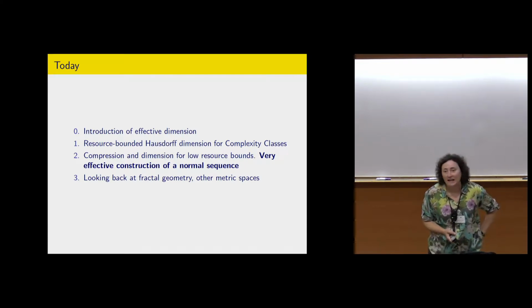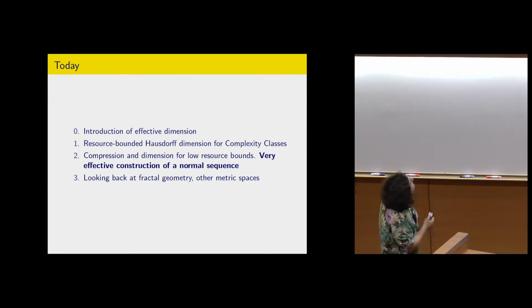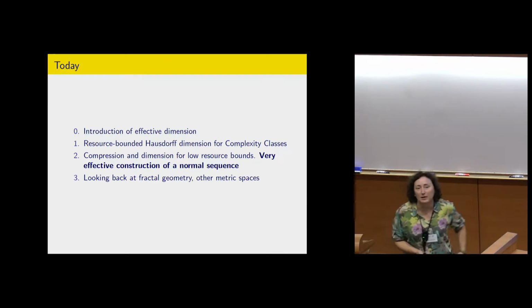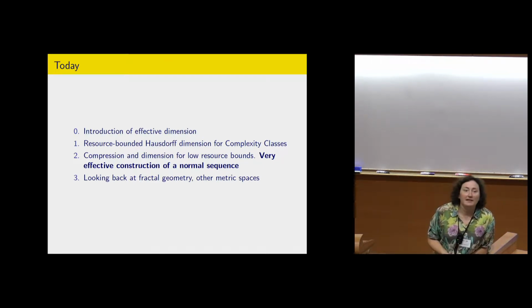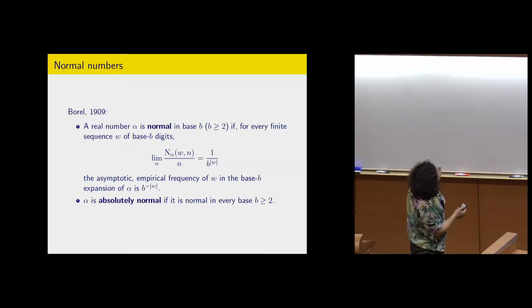So I think what's happened is that we have started very recently to be able to prove new results in fractal geometry using this effective dimension idea. So I want to talk a little bit about this, probably not in a very detailed way, especially the fractal geometry results I will present. I will not be very detailed, but I'd like to show you how they look. So let's start with the algorithm.